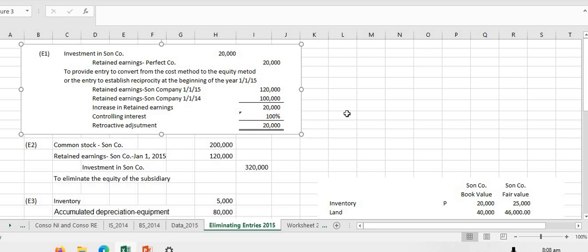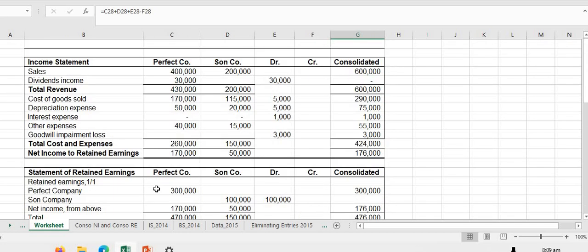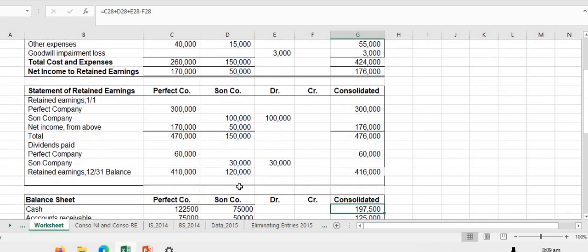So, diba? Yung beginning of retained earnings of the subsidiary is actually 100,000. Based sa previous year financial statements of the subsidiary, may beginning balance siya na 100,000 tapos ending balance na 120.